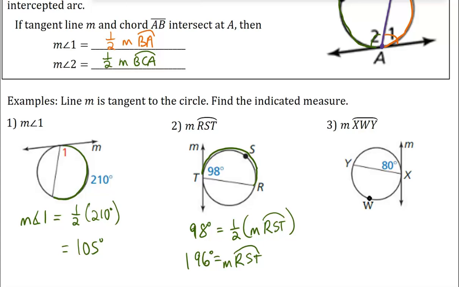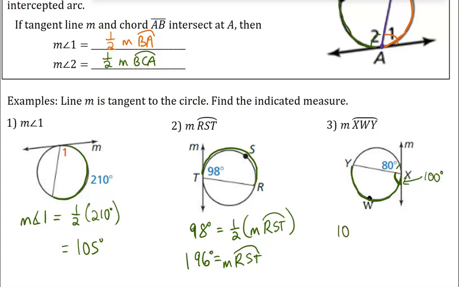Okay. And then measure of arc XWY. So X to W to Y is going this way. So the angle, now I don't yet know this angle measure, but I do need this angle measure. Remember that linear pairs are supplementary. So if this side over here is 80 degrees, then this one over here is going to be 100 degrees because they add up to 180.